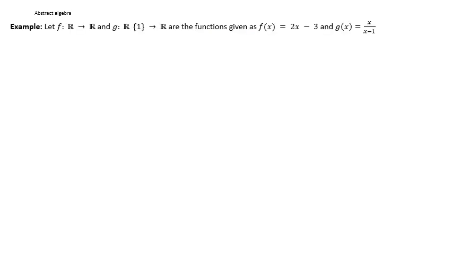কখনো কখনো একটা ডিফাইন্ড হবে আর একটা ডিফাইন্ড হবে না। সাপোজ একটা এক্সাম্পল আমরা দিচ্ছি, f is from R to R and g is from R minus 1 to R, given by f(x) is 2x minus 3 and g(x) is x by x minus 1. দেখো g টা কেন R minus 1 হয়েছে, কারণ বুঝতেই পারছো g of 1 is not defined, g এর ডোমেন থেকে আমরা 1 টাকে বাদ দিয়ে দিয়েছি.